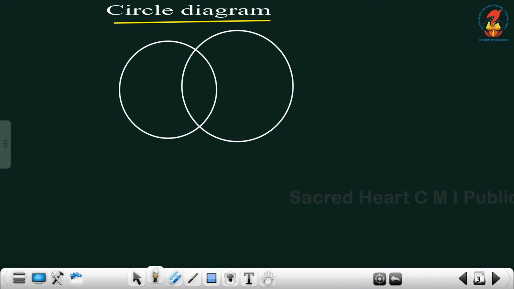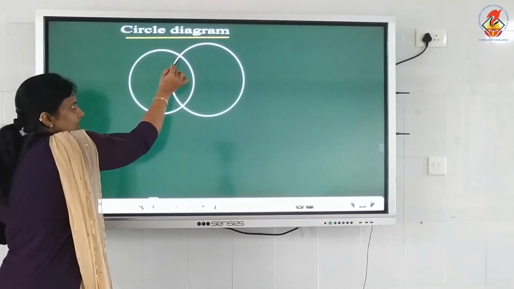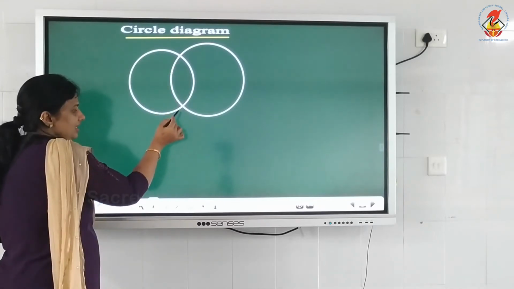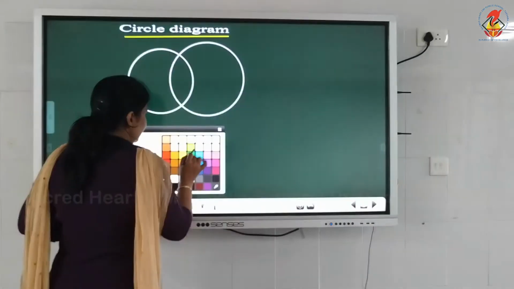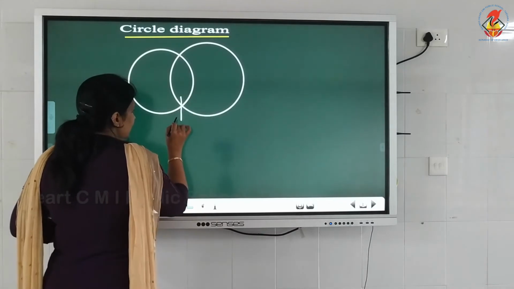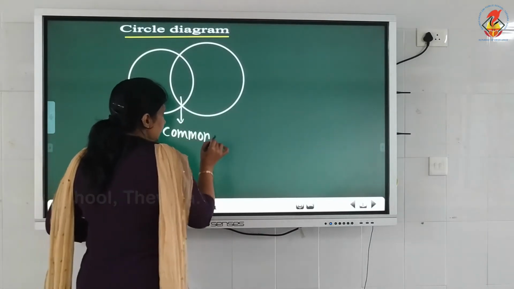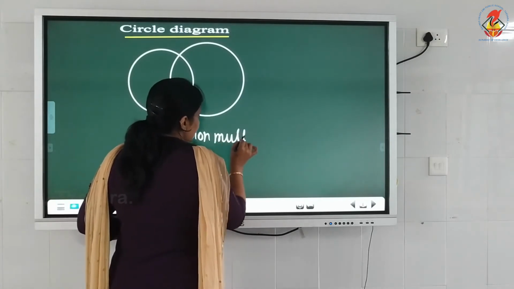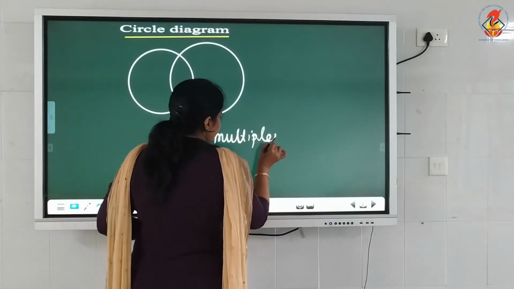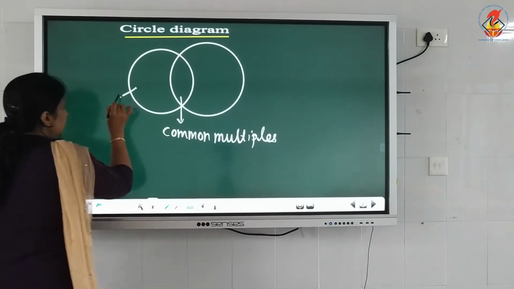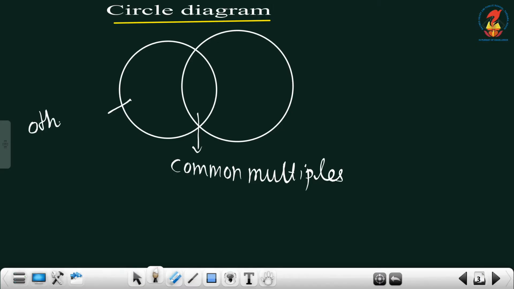See, these two circles. Their common part is where? Common region, here only, right? So you need to write common multiples here. And here you want to write other multiples of which number?